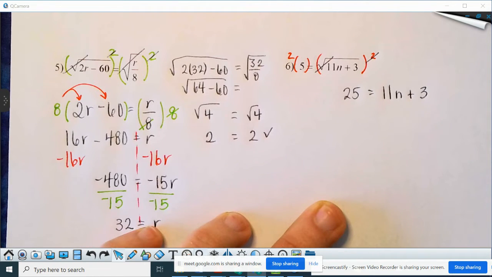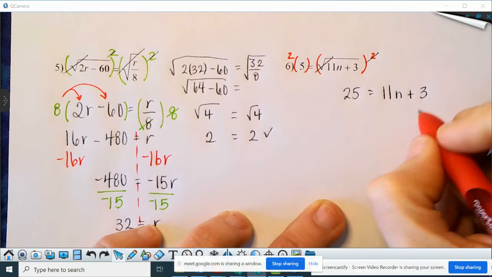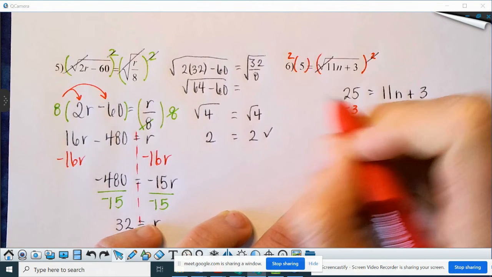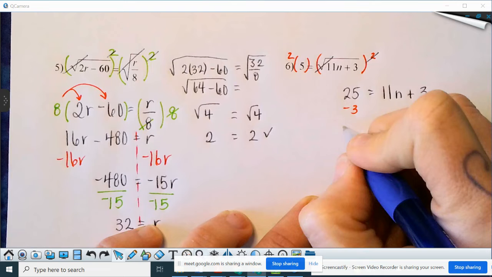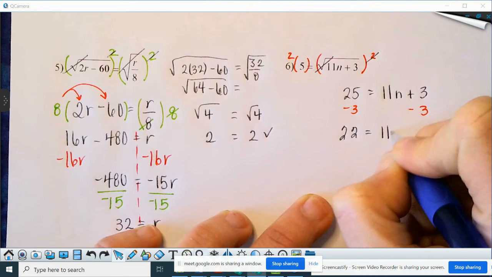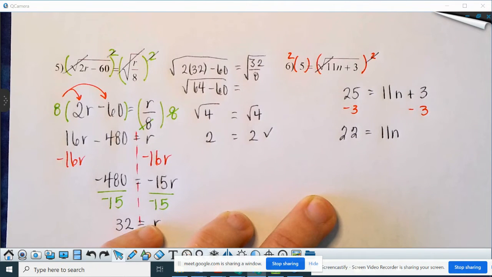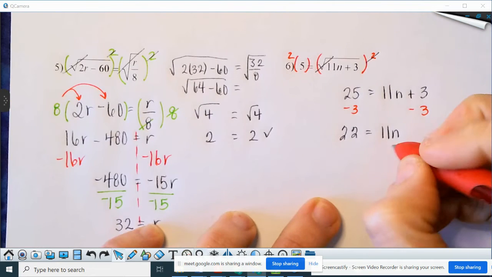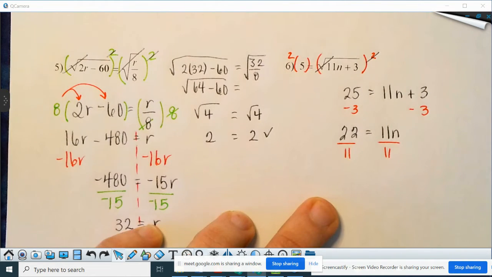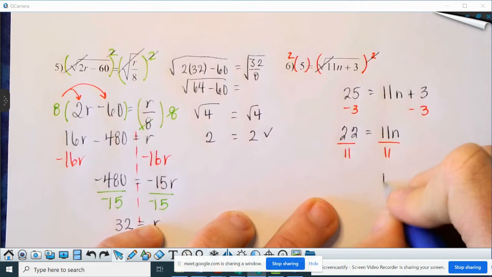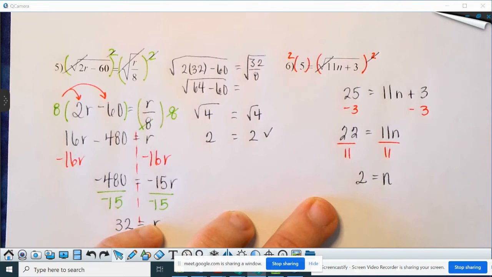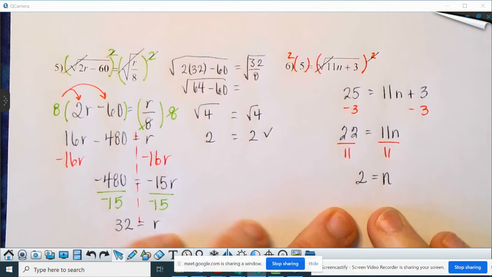And then we need to get our n by itself, so we're going to subtract 3 from both sides. And that is 11 times n, so we're going to divide by 11. And n equals 2.